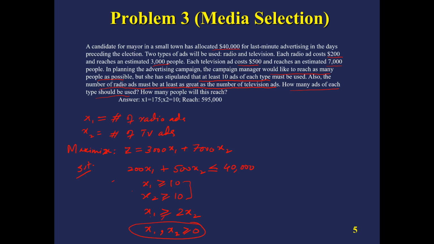You can do it either in Excel or QM for Windows to get your answers. But I prefer that you also do it graphically by yourself, so that in the exam, if it comes, you have the ability to find out the solution.